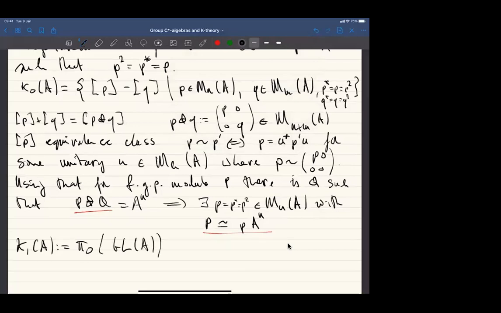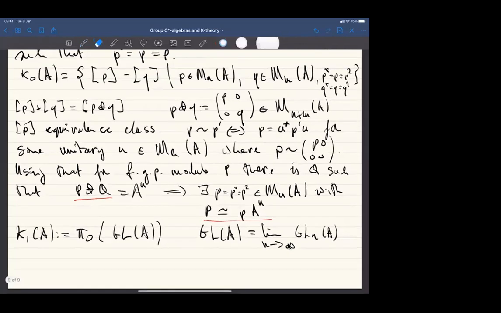I'm going to say it's pi 0 of GL of A, where pi 0 means the set of connected components, and GL of A is the direct limit of the groups GLN of A. So this was correct, but not convenient for us.